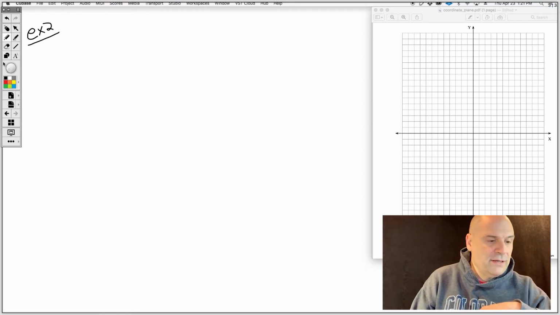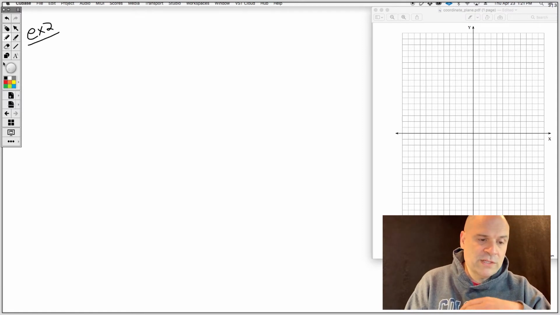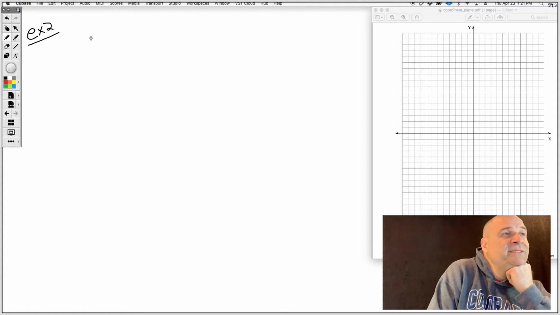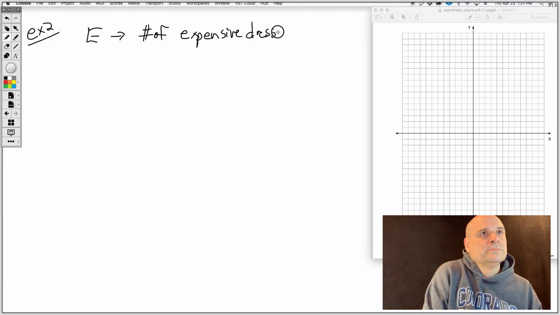Wataksha. Anyway, their dress shop sold less expensive dresses for $20 and more expensive dresses for $45. I'm going to say E is the number of expensive dresses, and L is the number of less expensive dresses.